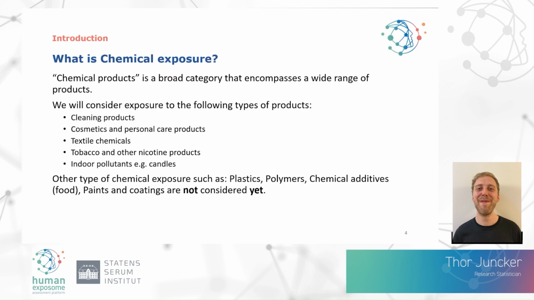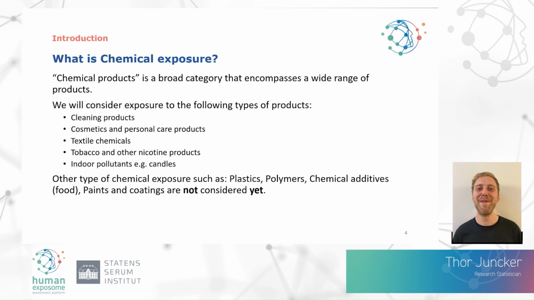What is chemical exposure? Chemical products is a broad category that encompasses a wide range of products. We will be looking at exposures coming from the following types of products: cleaning products, cosmetic products, textile chemicals, but we will also be considering tobacco and other nicotine products and indoor pollutants when we focus on indoor cleaning.